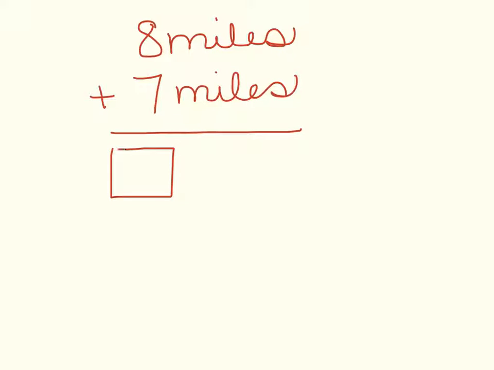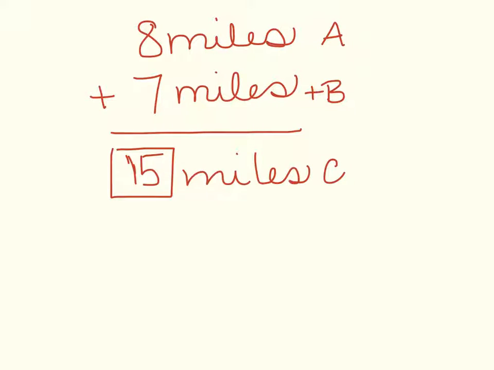So in this case, we know our A, we know our B, and we're looking for our C, and we know that we just have to add those two. So 8 plus 7 is 15, and don't forget your label. With these, the key is labels, always labels. If you don't have labels, it will be marked wrong, so watch those labels.